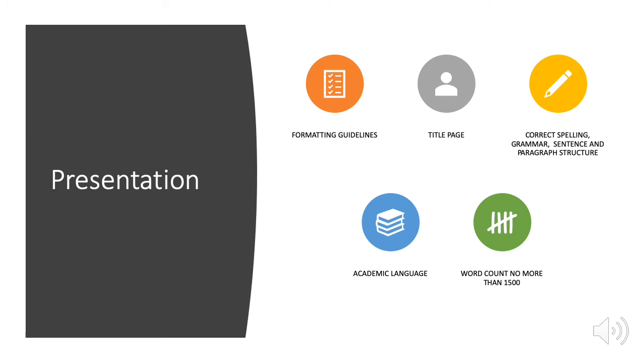And again, total overall word count is no more than 1,500. We will stop marking after 1,500 words, so you don't get any credit for going overboard. Now, the 1,500 words, just remember, it doesn't include direct quotes. And again, this is something that was poorly done.